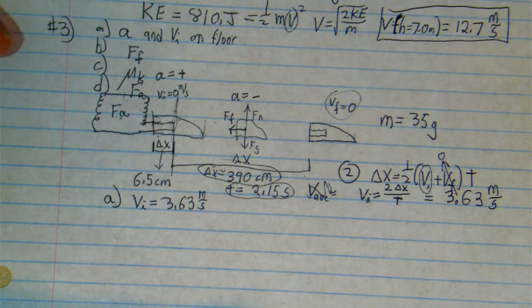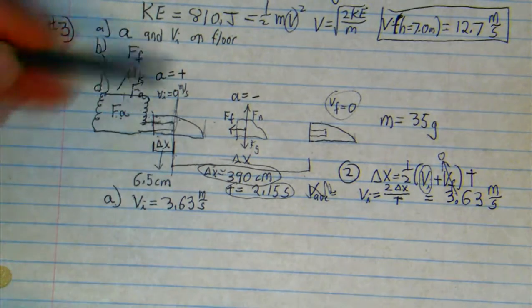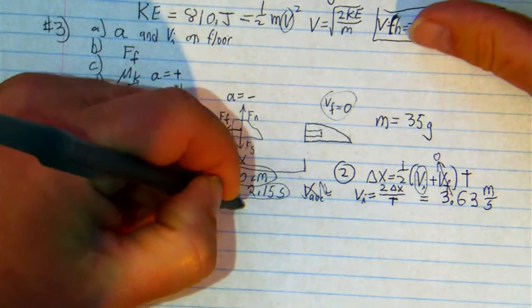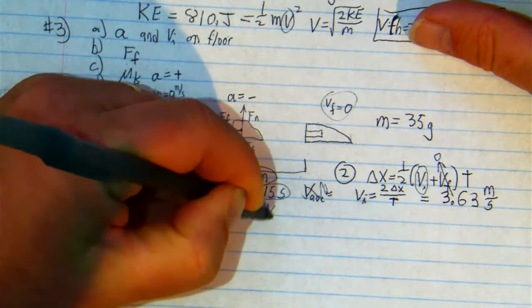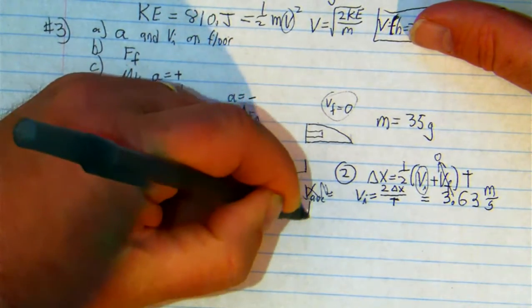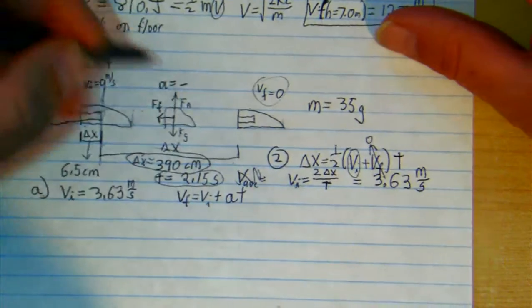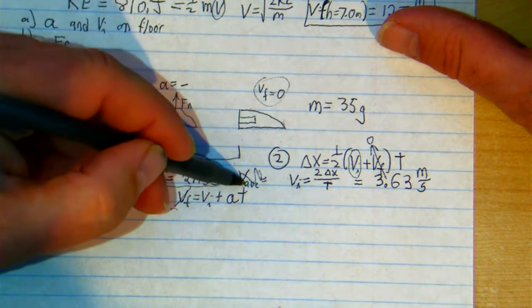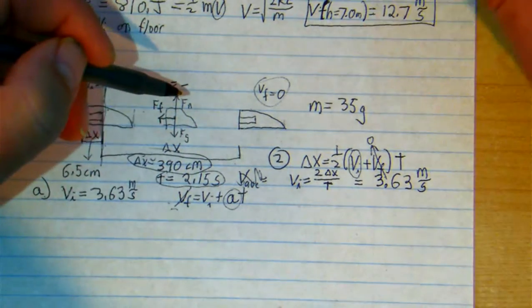But in reality, we can use equation 1 or equation 3 or equation 4 to solve for the acceleration. I'm just going to use equation 1 that says final velocity is equal to initial velocity plus acceleration times time. In this case, the final velocity is 0, and we're solving for the acceleration.